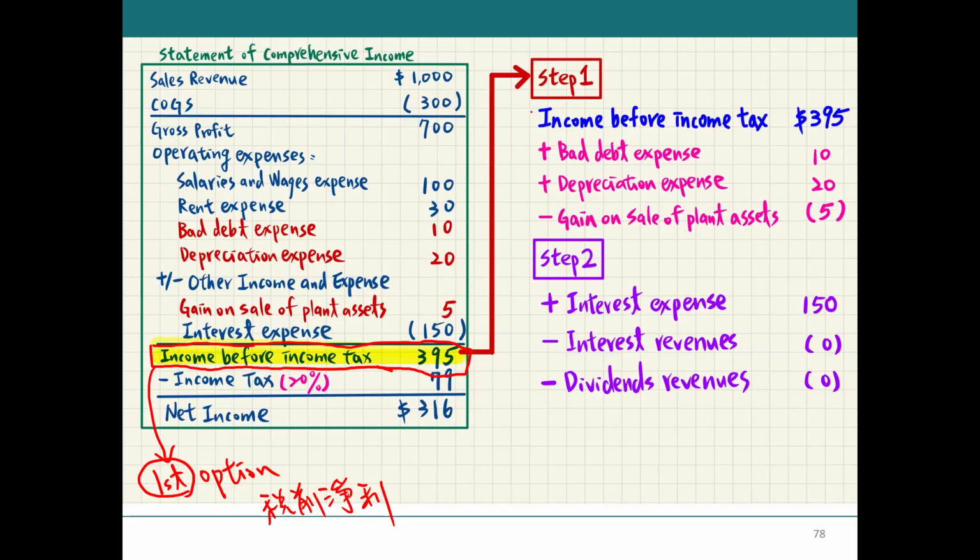Income before income tax, 税前净利. Okay, did you find it? Based on the final number, income before income tax, our start point here is $395. So that's our option one.